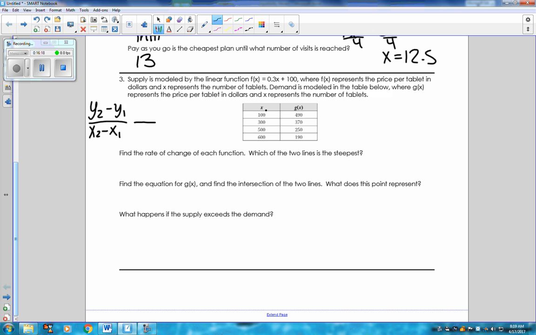So if I plug in 1 and 0 for my x values, so I plug in 1 for x, what would I get? If I plug in 0, what would I get?